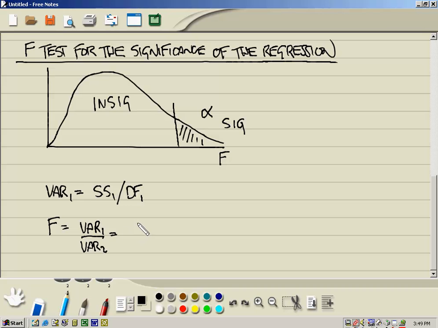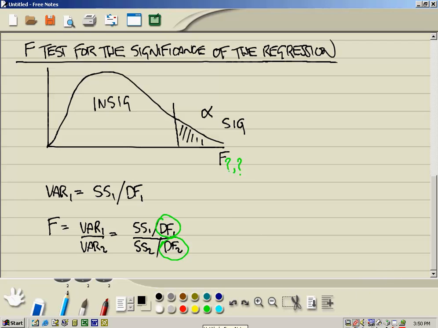If any variance is a sum of squares divided by degrees of freedom, then clearly we have sum of squares 1 divided by degrees of freedom 1 on the top, and on the bottom, generically, sum of squares 2 divided by degrees of freedom 2. The point being that we'll have 2 degrees of freedom, one for the top line of the F calculation, one for the bottom line. So we'll have 2 degrees of freedom to be concerned with.